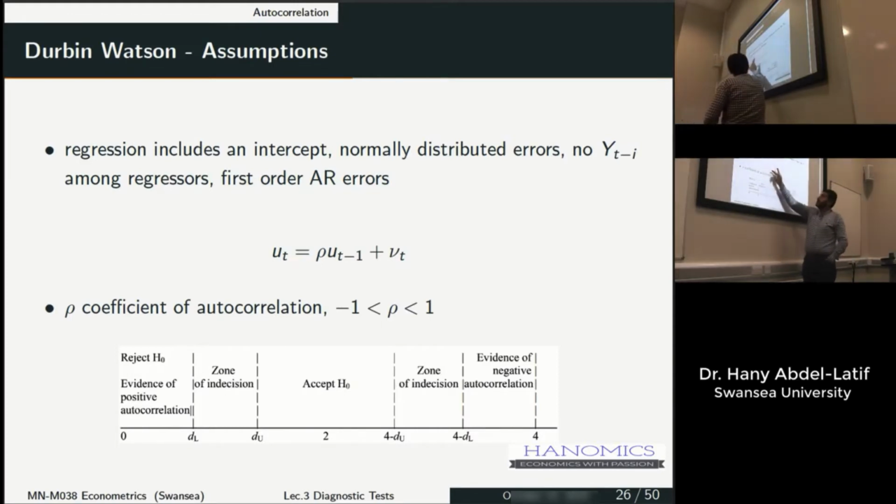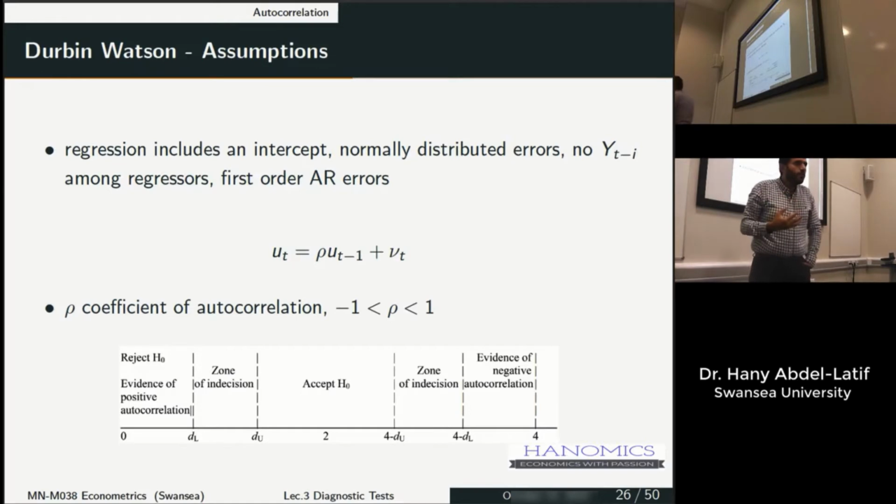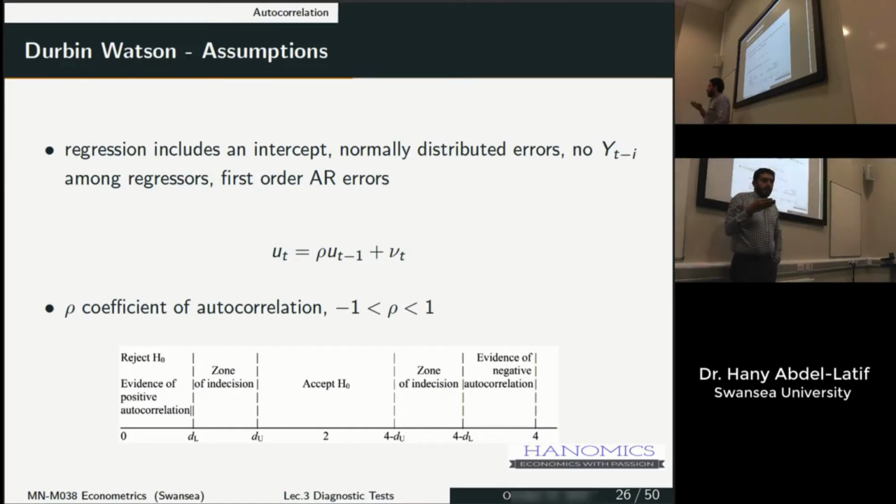And your error takes this form. This is the error in time t, depending on the error in time t minus 1. So if you have quarterly data, the error term in this quarter depends on the error term in the previous quarter. We need to test this coefficient rho here.